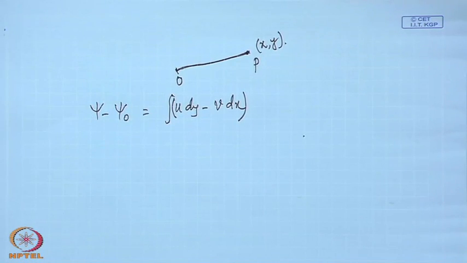What is the meaning of this? Normal component of the flow velocity into the surface area. We have already used that term, flux, the volume flux. So, this is the volume flux.